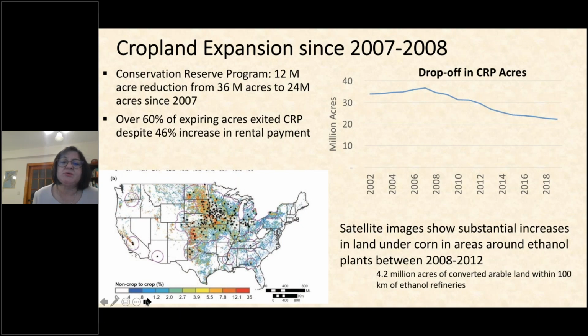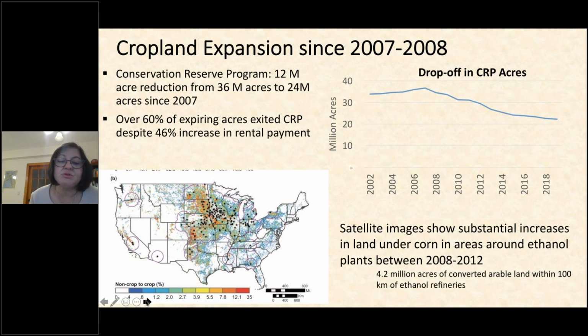And in addition to crop prices, around the same time, we also observed that there was a significant drop in land that had been enrolled in the Conservation Reserve Program with the intent of reducing the environmental impact of agriculture. After 2007, there was a 12 million acre reduction in CRP acres, even though rental payments were going up.